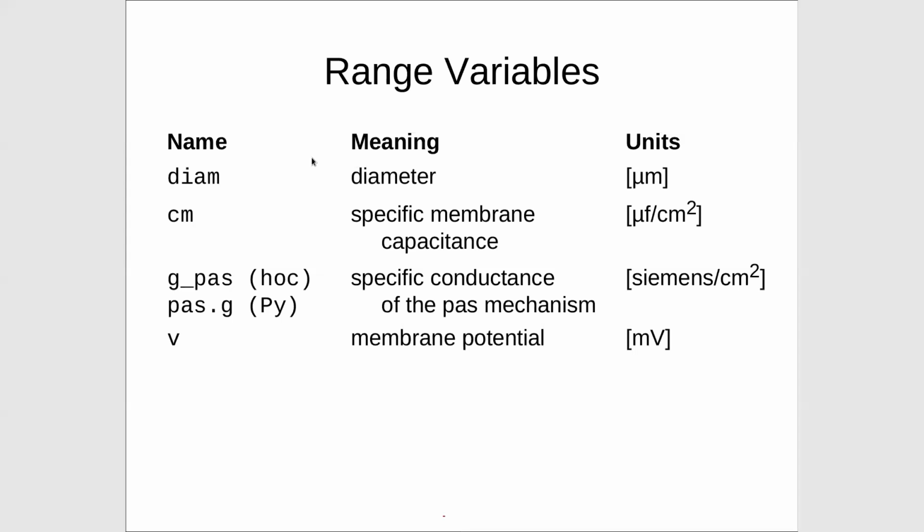Specific membrane capacitance can be a function of position along a section. Specific conductance of any particular ionic species can be a function of position along the length of a section. And of course, membrane potential can be a function of position. These are just some examples of range variables. There are many others. Transmembrane currents, for example, are typically range variables.